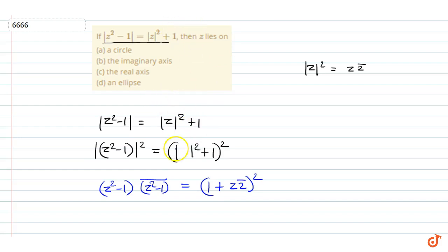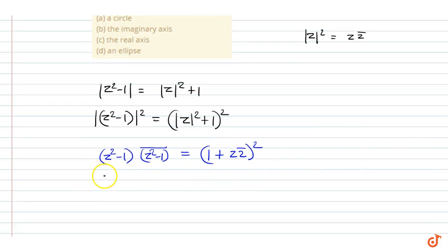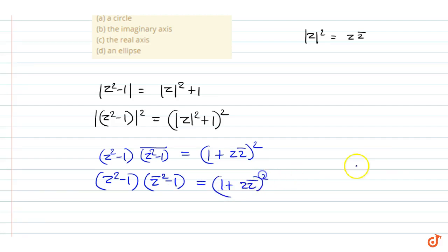Or we can write z square minus 1 times z bar square minus 1 equal to 1 plus z z bar the whole square.